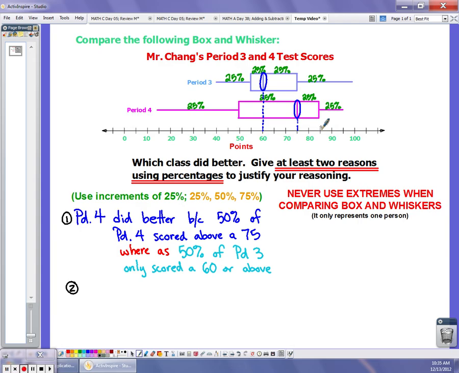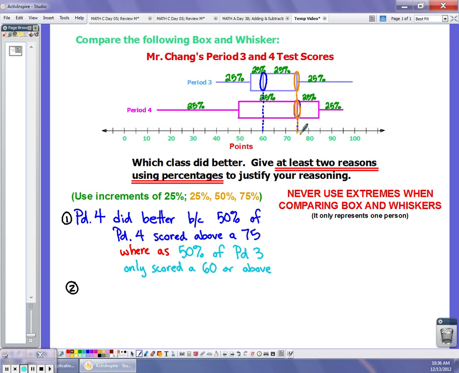Another possible way is to compare the medians with a quartile, and see where they both line up. Here we can see that the upper quartile in period 3 matches the median of period 4.